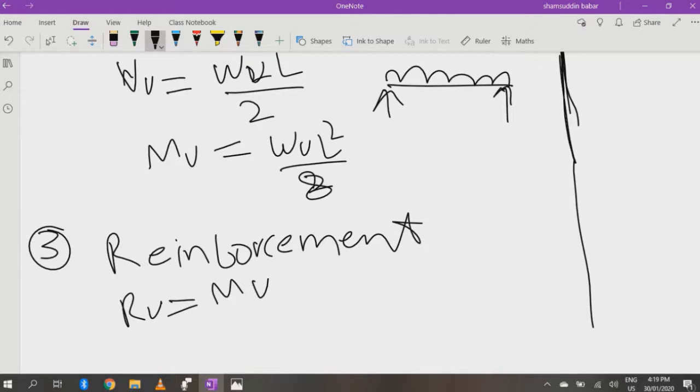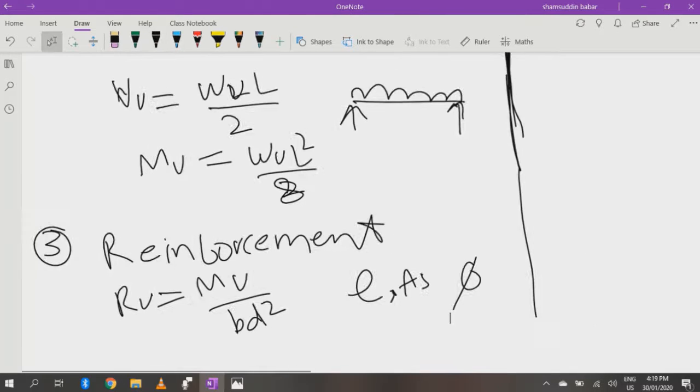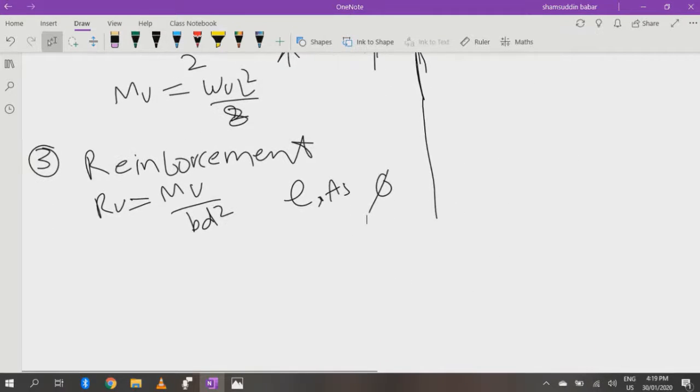RU is equal to MU over BD square. Then we calculate rho, then we calculate AS, and then we find the diameter of bars. That's our whole step. I will write the formula of rho here.